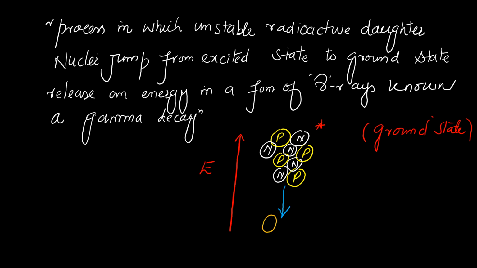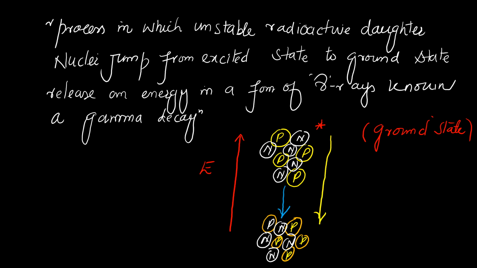This is a rough representation of a nucleus. Please imagine that this is the same nucleus as the one in the excited state, so both images are the same. This is neutron, neutron, neutron, neutron, and this is proton, proton, proton, proton. From the excited state, this nucleus jumps into the ground state.